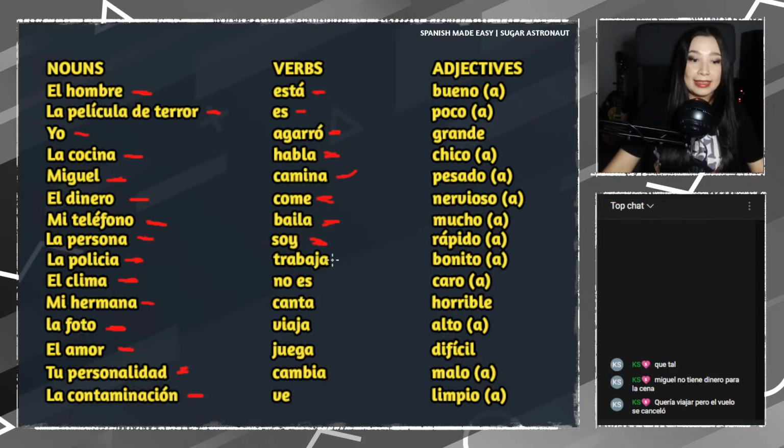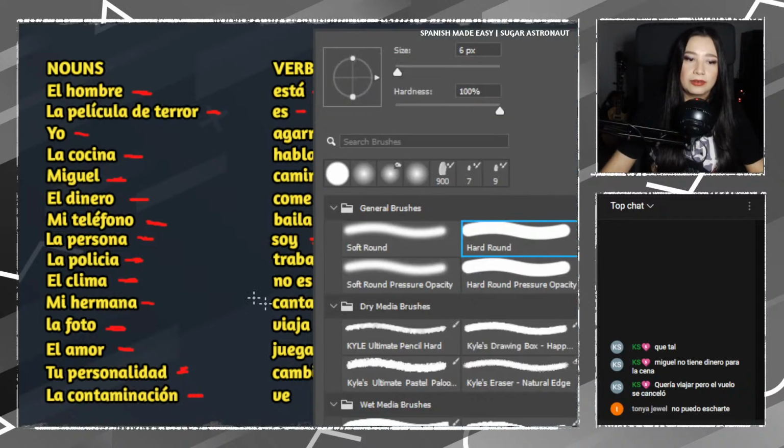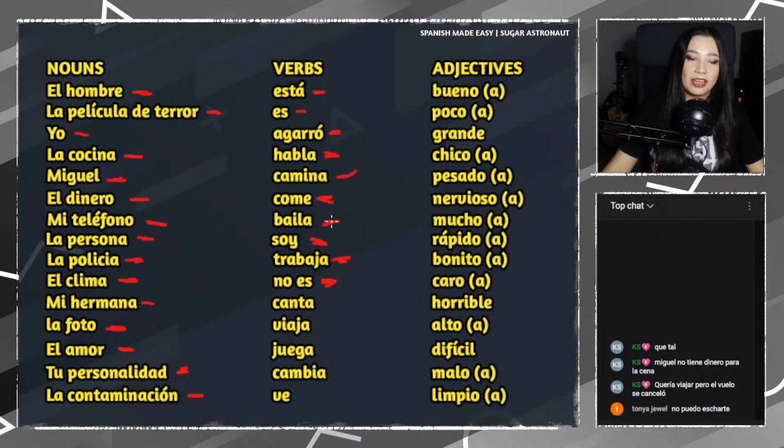So, trabaja, work, if you're working. No es, that's a negative right there. No es, it's like saying it's not, okay? Canta, sing. Viaja, travel.